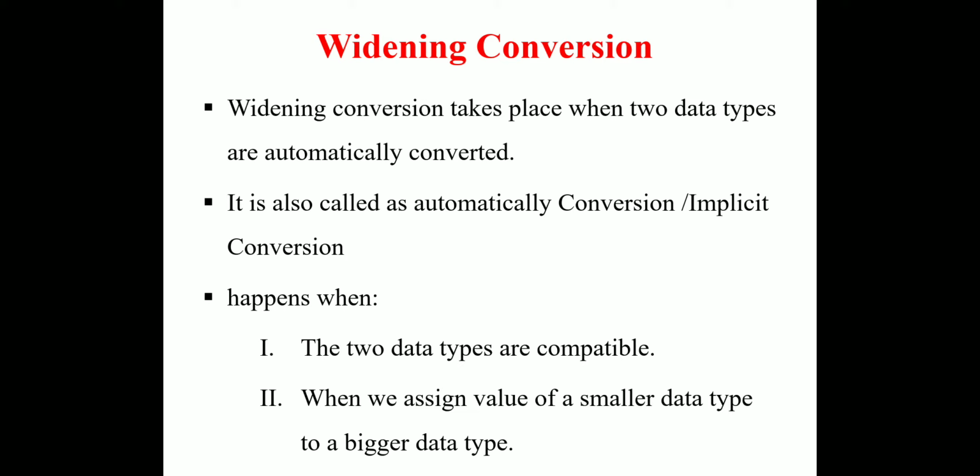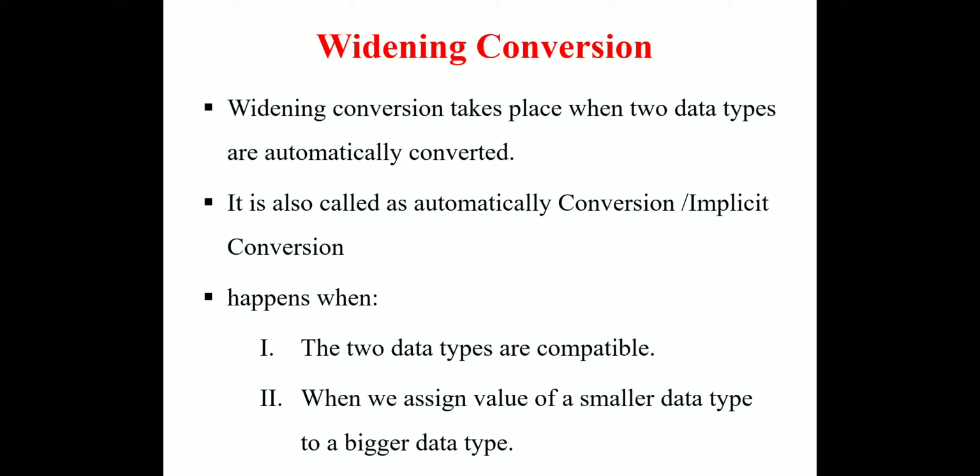Widening conversion takes place when two data types are automatically converted. It means integral data types are converted to integral data types automatically. That we call automatic conversion or widening conversion or implicit conversion.